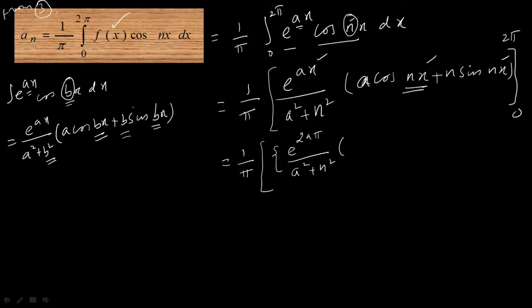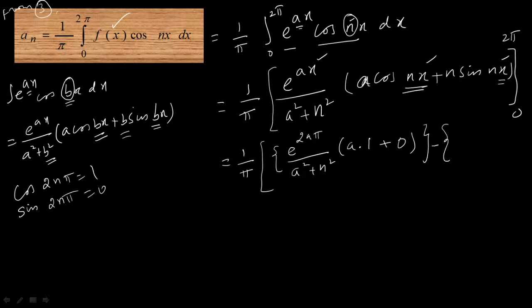The value of cos 2n pi is, as I told you already, plus 1. So you have a product 1, plus n sin nx. If you replace this x by 2 pi, you know the value of sin 2n pi is 0. So this entire term becomes 0. So that is the upper limit, over minus.